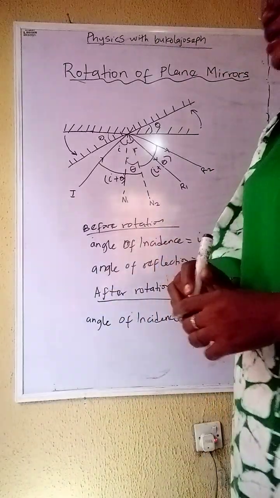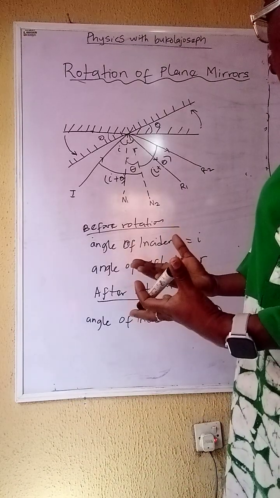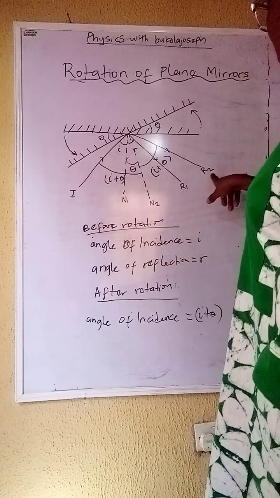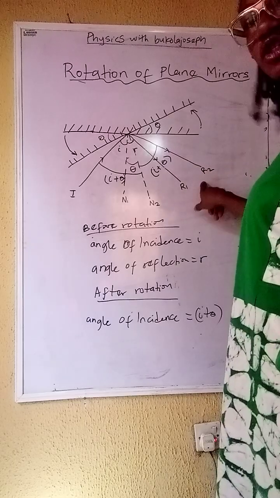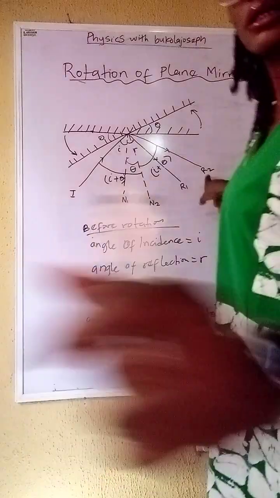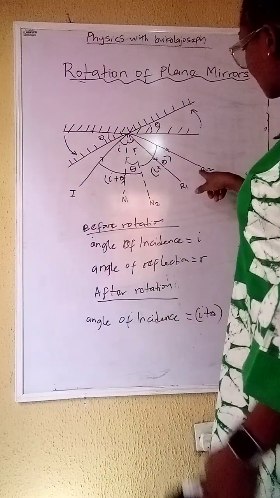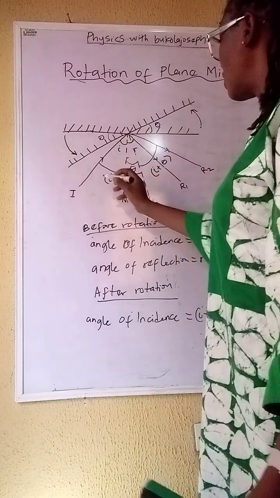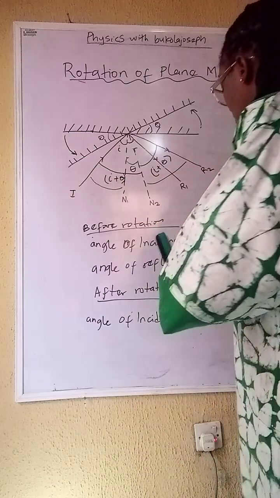Now if you are asked to calculate the angle between the incident ray and the reflected ray after rotation, you are finding this plus this.